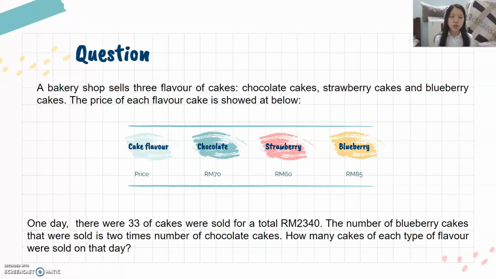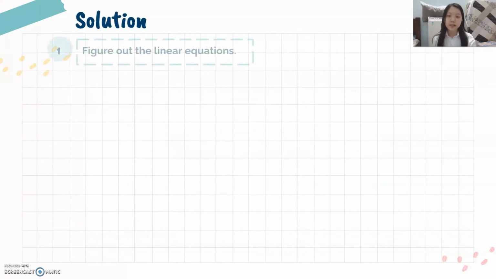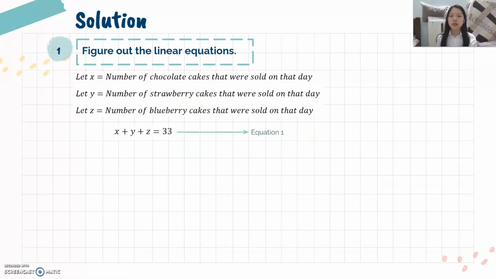So, by using matrices to solve this question, we have to identify the linear equations first. The first equation is x plus y plus z equals 33, which is the total number of cakes sold. For equation 2, this is the total price sold on that day.